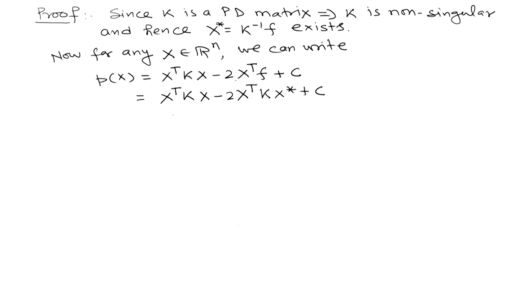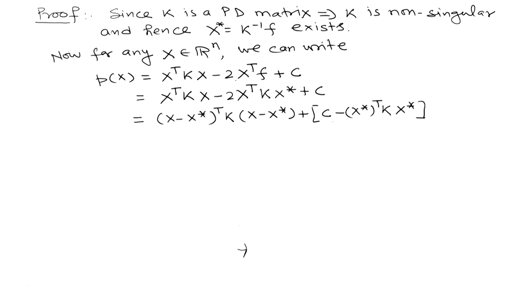Plus c, or this particular expression I can write also as (x minus x star) transpose K (x minus x star) plus (c minus x star transpose K x star).